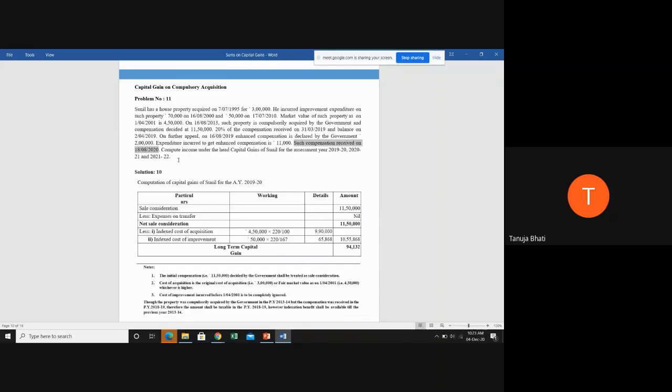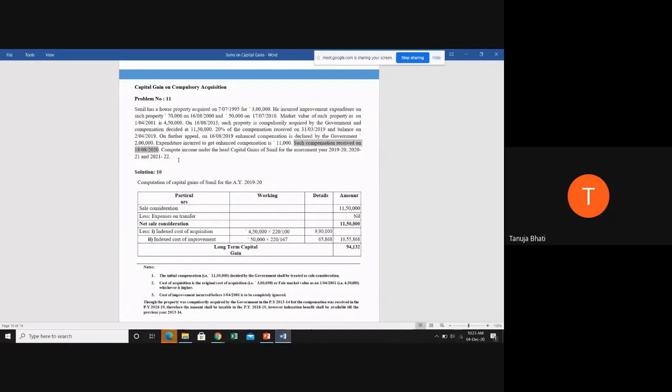Which assessment year I'm asking? Correct, the financial year you have told correctly, that in the 2020-2021 financial year it will be taxable. Which assessment year is it to be taxable? 2021-2022.